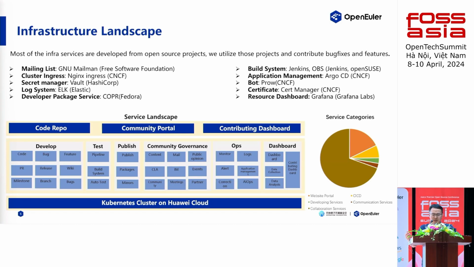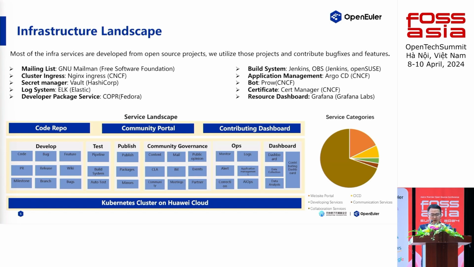We also use Jenkins to build CI pipeline and OBS from openSUSE to build and distribute our packages. You may also find a bunch of projects from the CNCF. Yes, we have the Nginx Ingress, which is used as our reverse proxy server and as a simple API gateway.